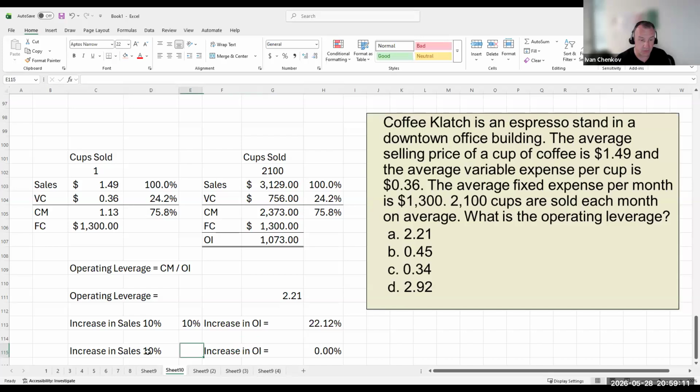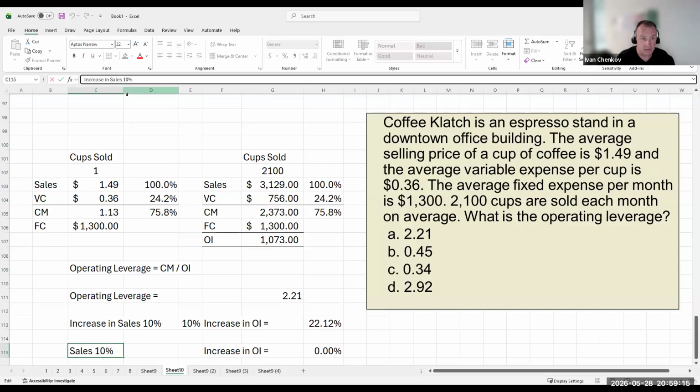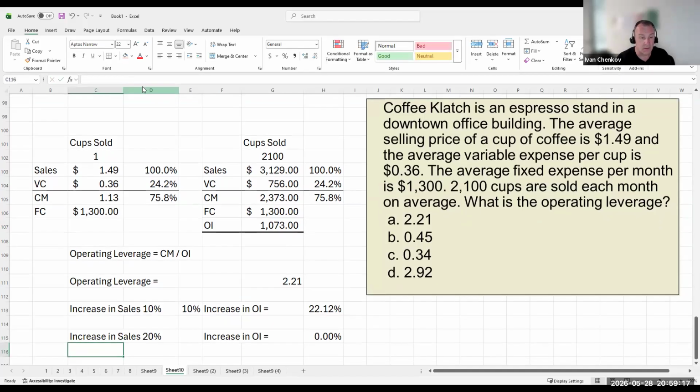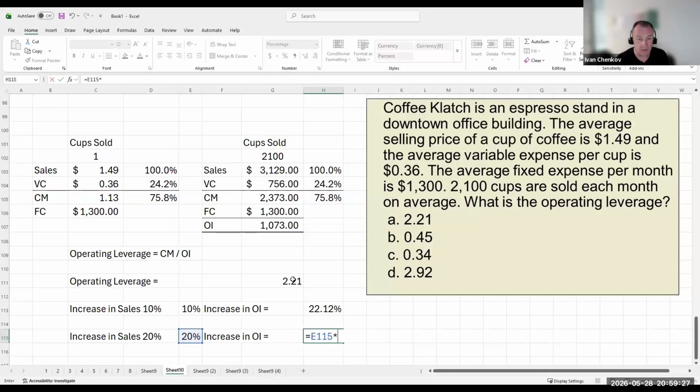If I increase with 20%, it is going to be equal to 20% times 221, always increased with 44.23.